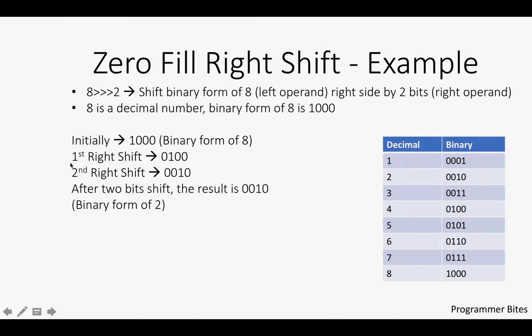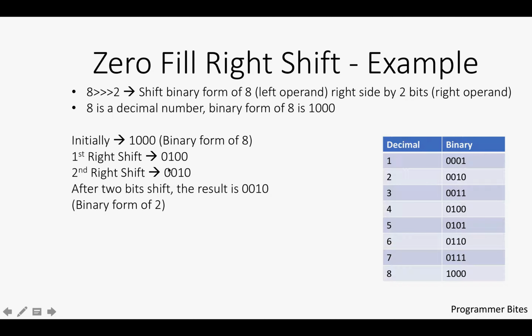After the first right shift, the rightmost 0 will be moved out and a 0 will be appended at the left side. After the second right shift, the rightmost 0 will be moved out and a 0 will be appended at the left side.